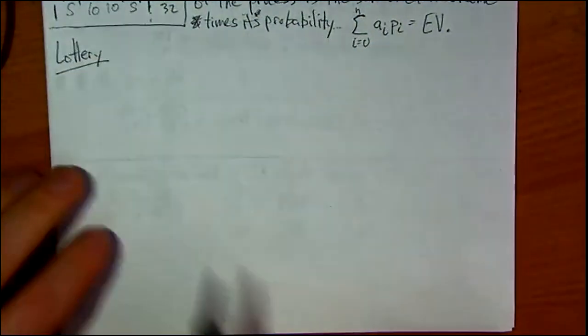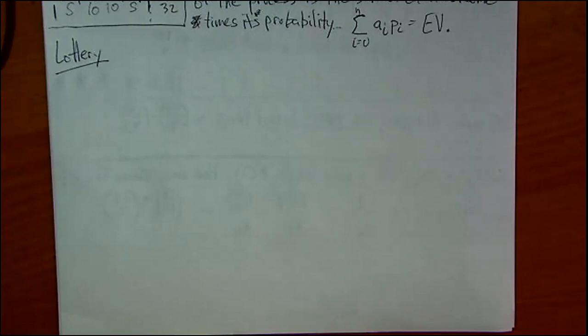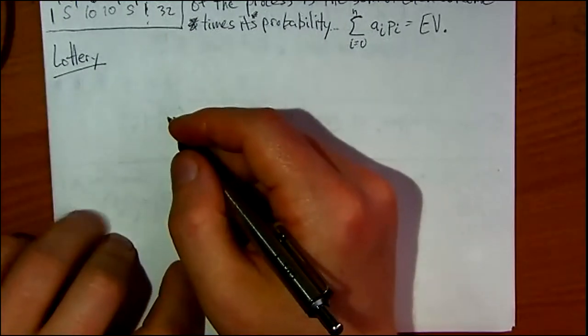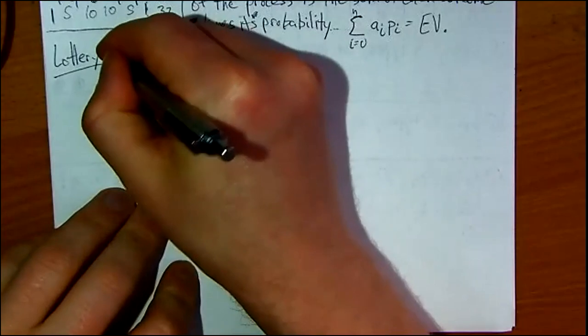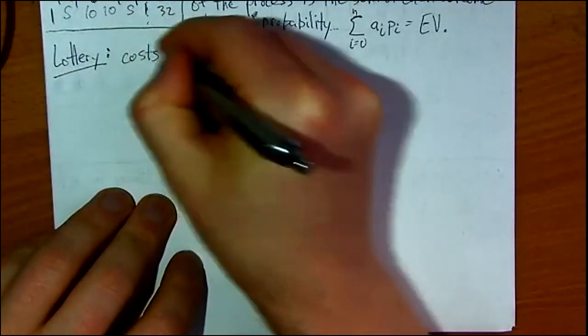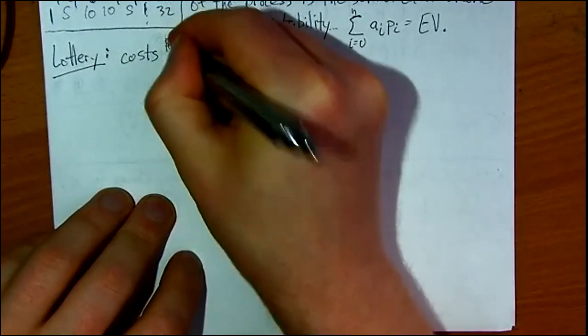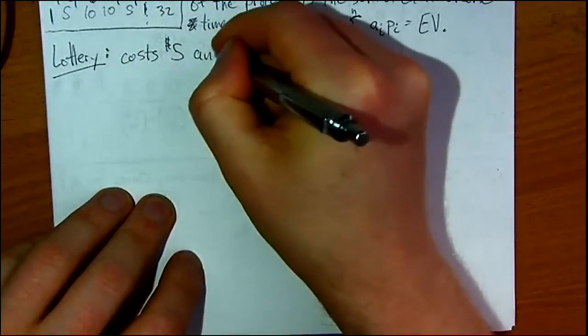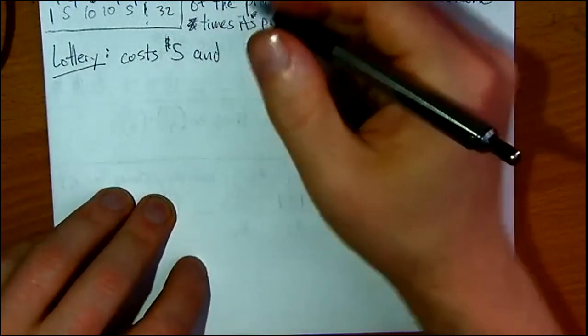Now, in our lottery, there's a lot of different things that could happen. So in our lottery, it costs $5 to play. And 500,000 people are going to play.